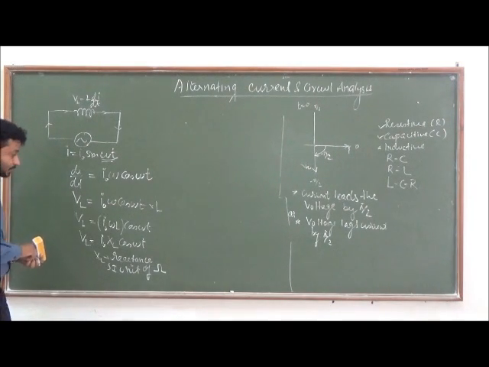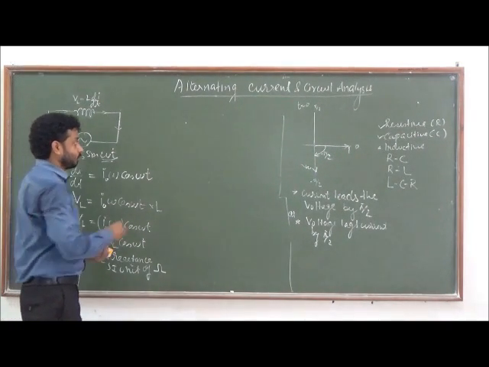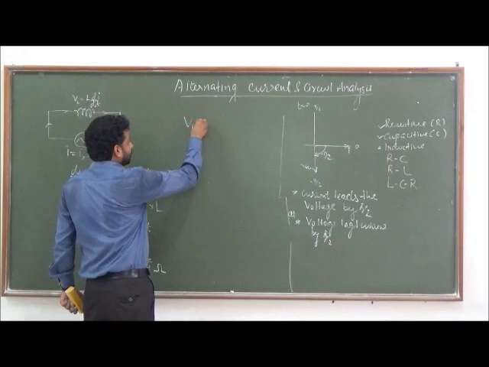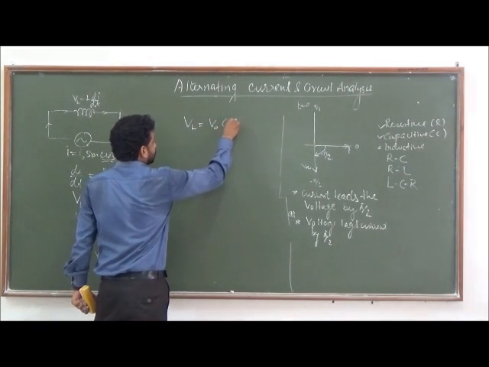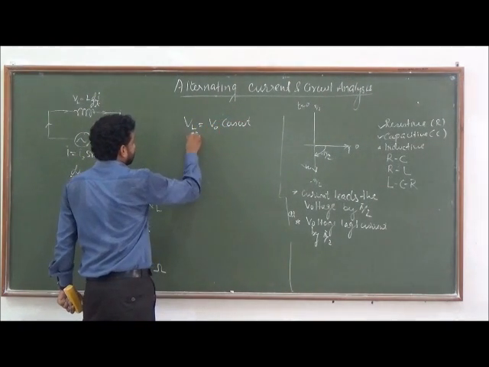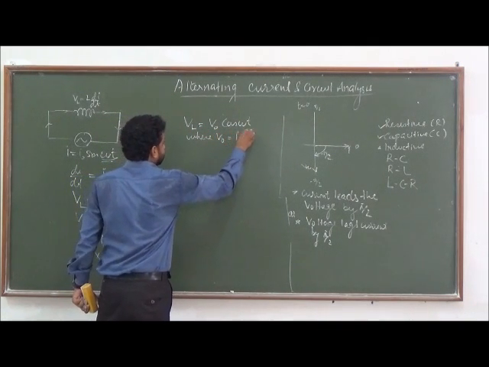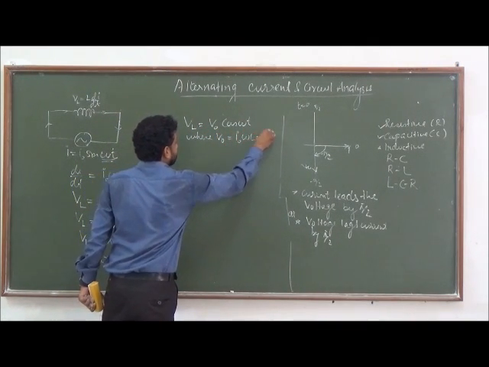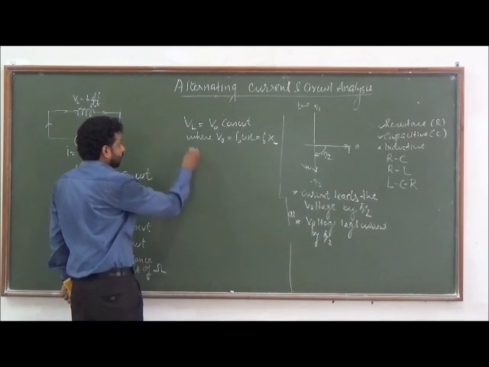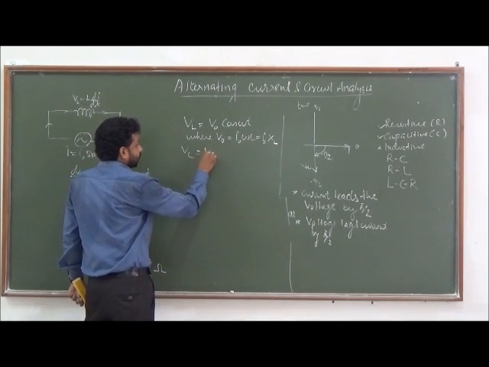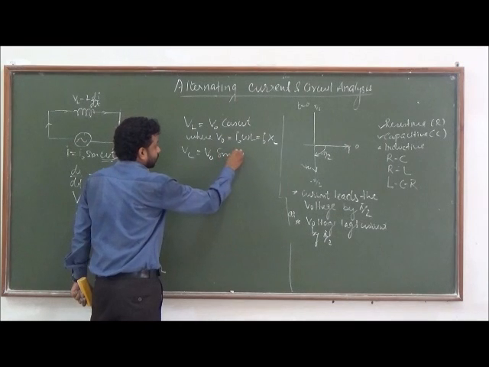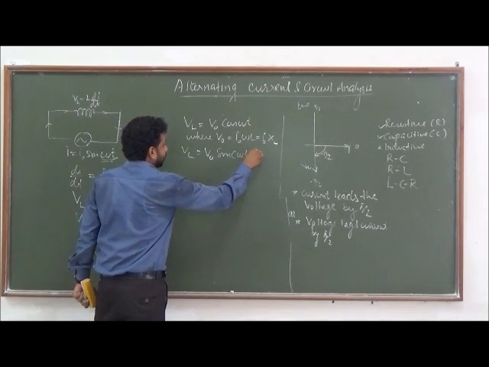Okay. Now let us try to convert this cos function into a sine function. So I can write VL as V0 cos omega t, where V0 is equal to I0 into omega L, or you can write it as I0 times XL. So cos omega t can be written as sin(omega t plus pi by 2).